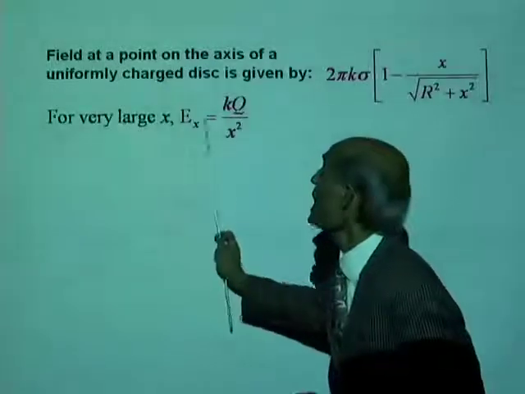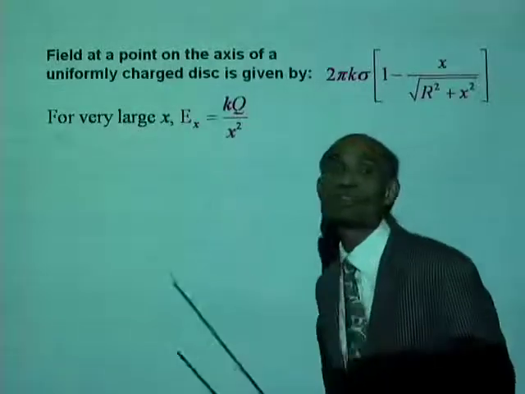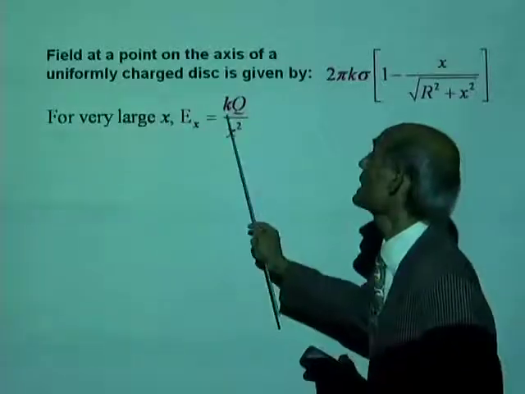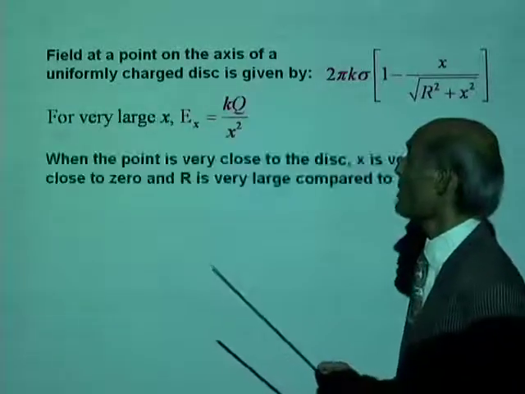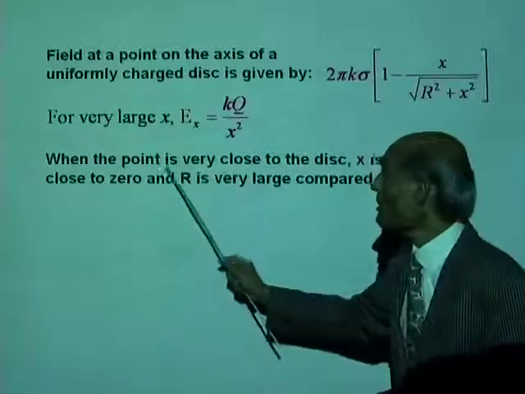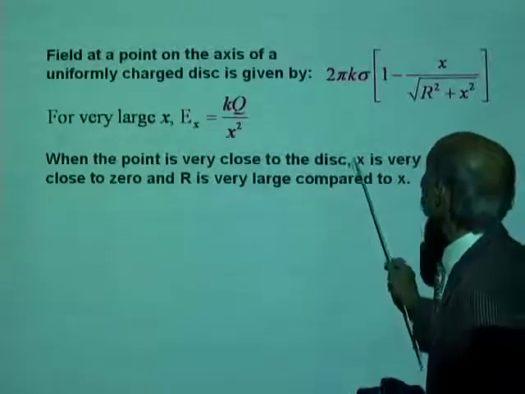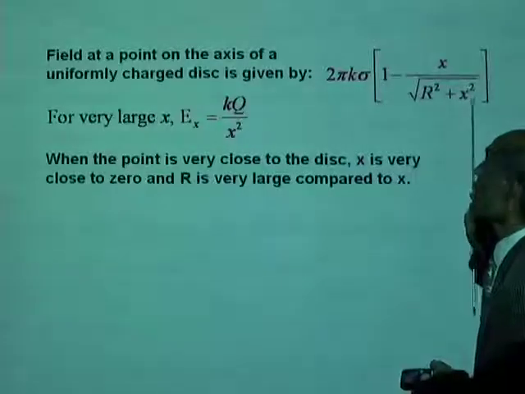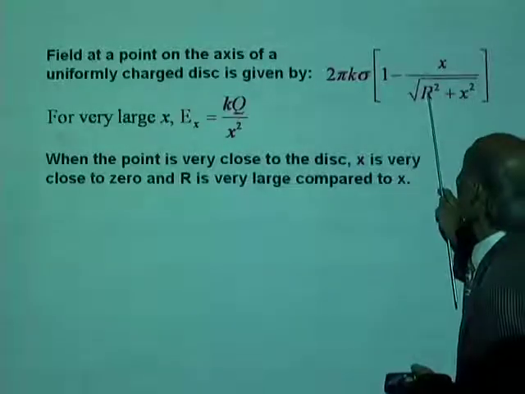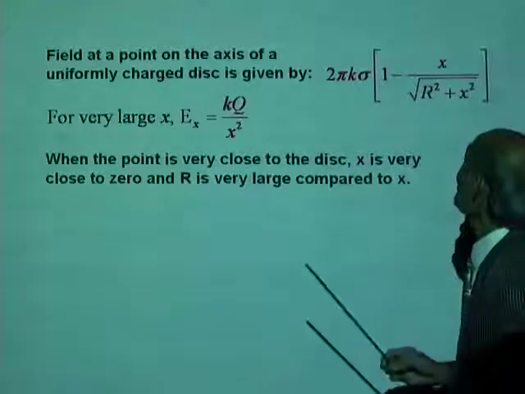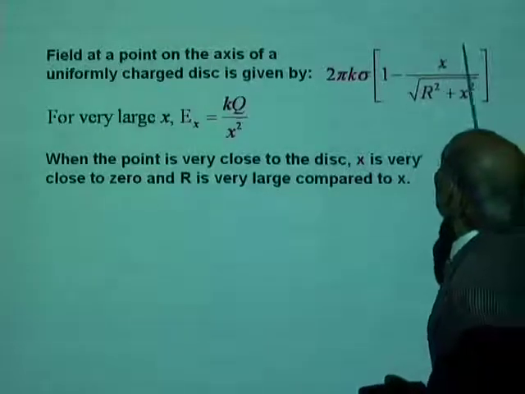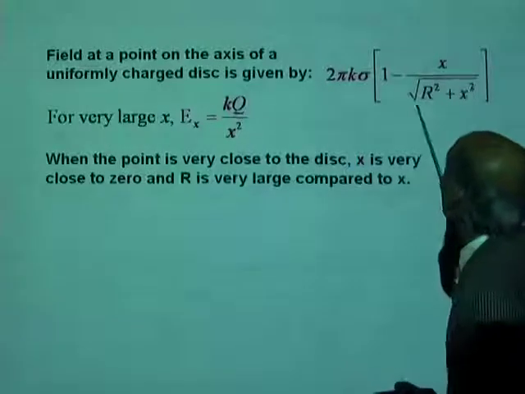For very large x, it will reduce to the usual point charge form kq over x squared. And when the point is very close to the disk, that means x is very small compared to R, then you can neglect x, or this x will be 0. When x is 0, this term will go away.